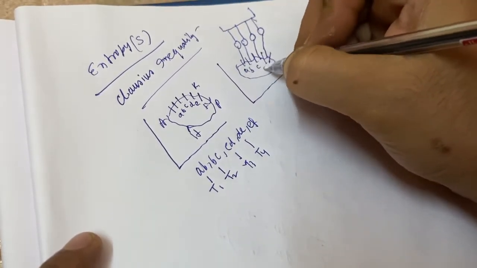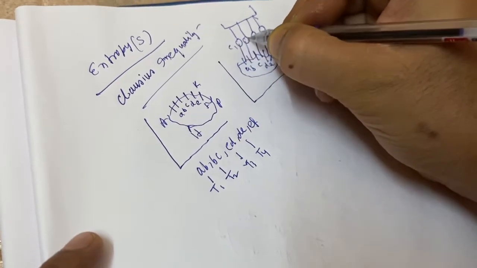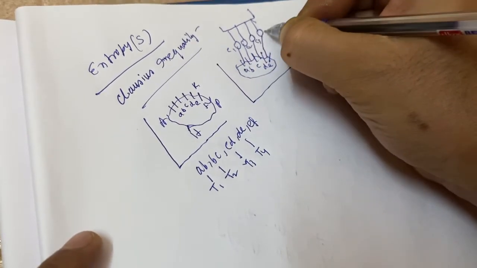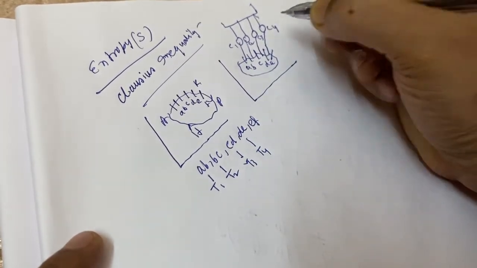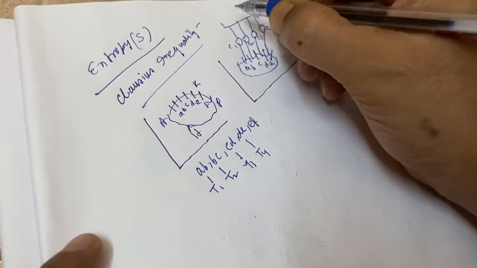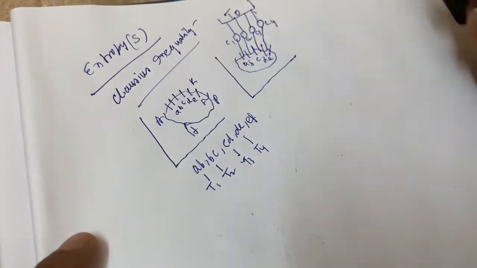A, B, C, D, E, with C1, C2, C3, C4, and this is kept at the temperature T0.